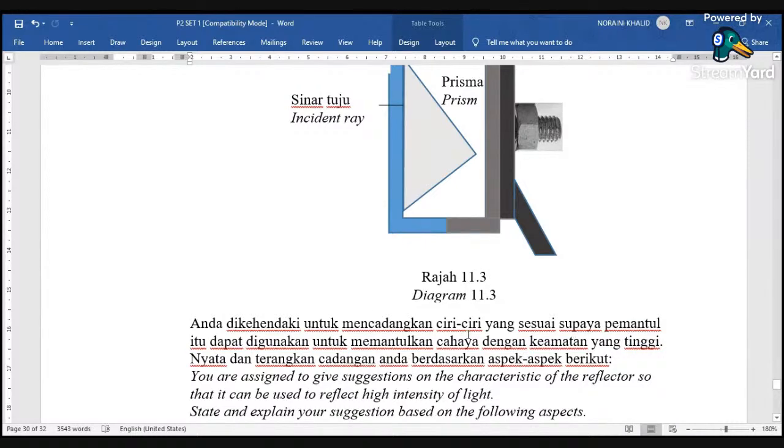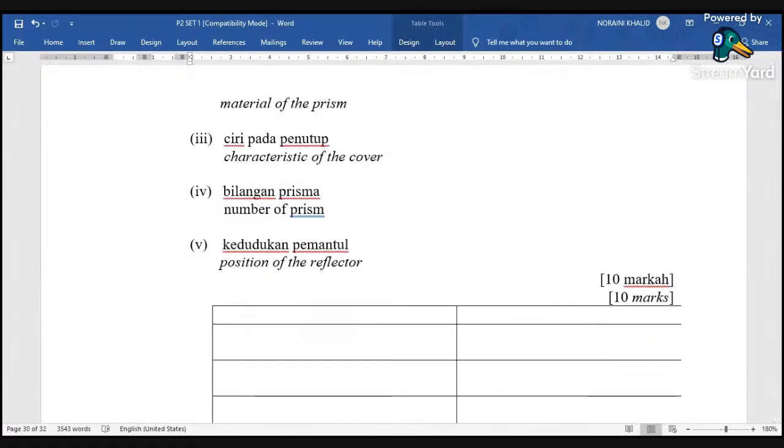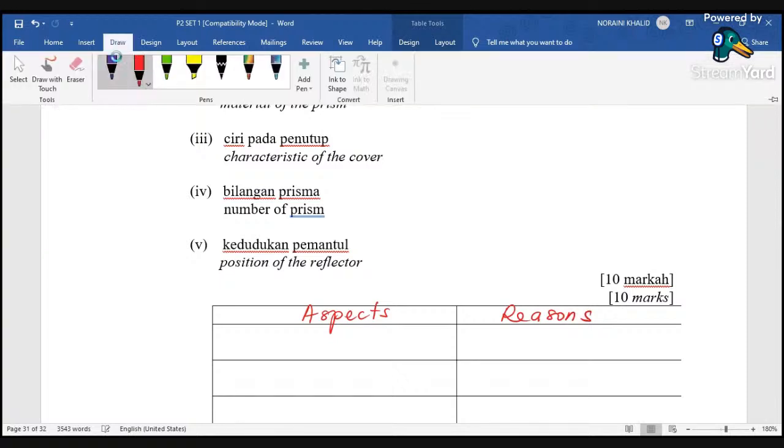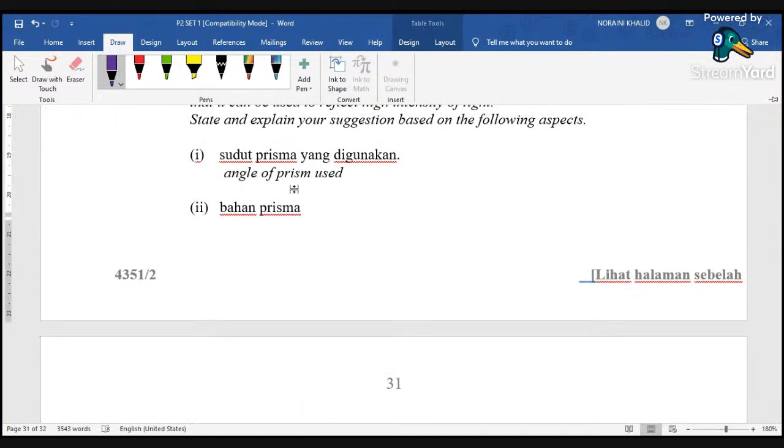Okay, this one also we can write in table form. So the aspect and reasons. Okay, just follow what is given. Sometimes not given, you need to find from the diagram or picture given.